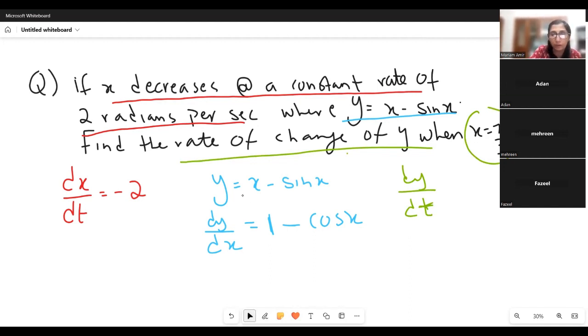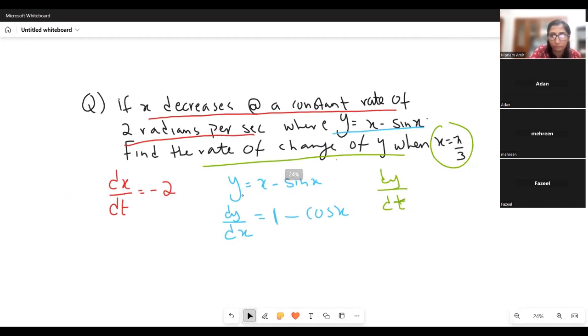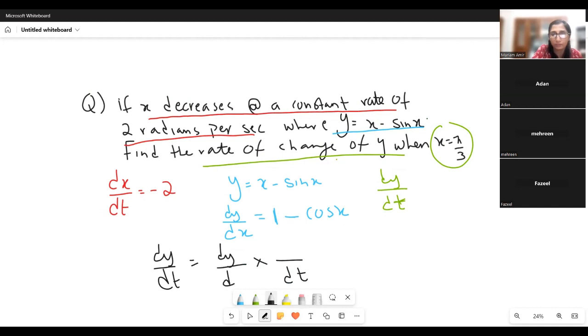So I'm starting with dy over dt. Dy over dt would be equal to dy over something, times something over dt. And that something is dx in this question. So dy over dx is 1 minus cos x, and dx over dt is minus 2.